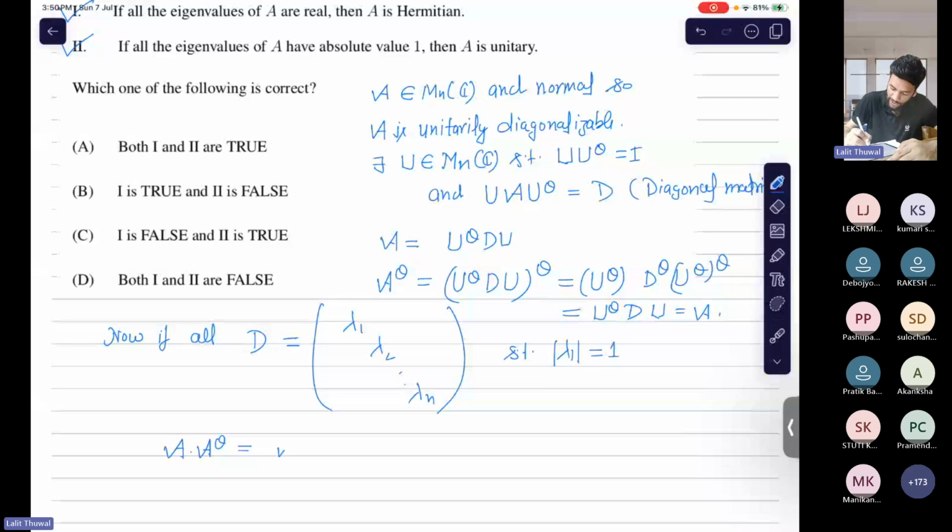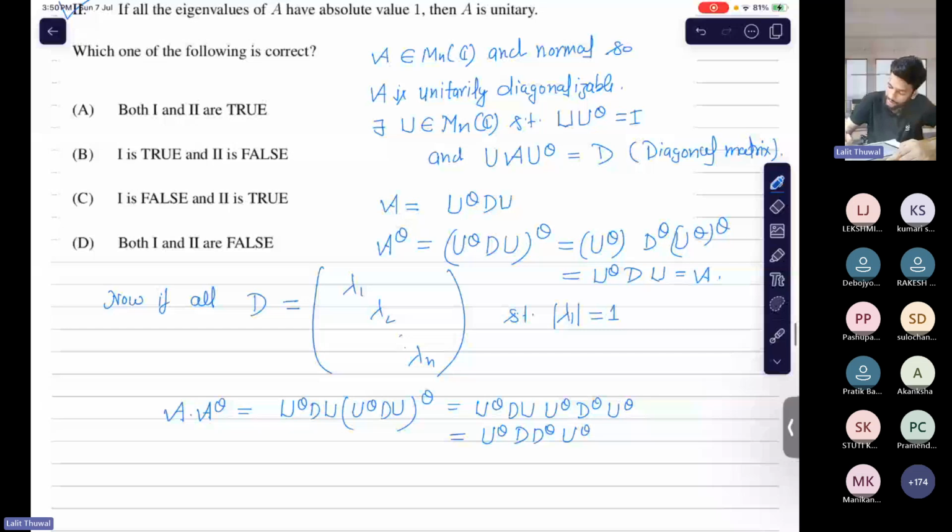So A A* will be, with A equal to U D U* and A* equal to U D* U*, U D U* U D* U*.